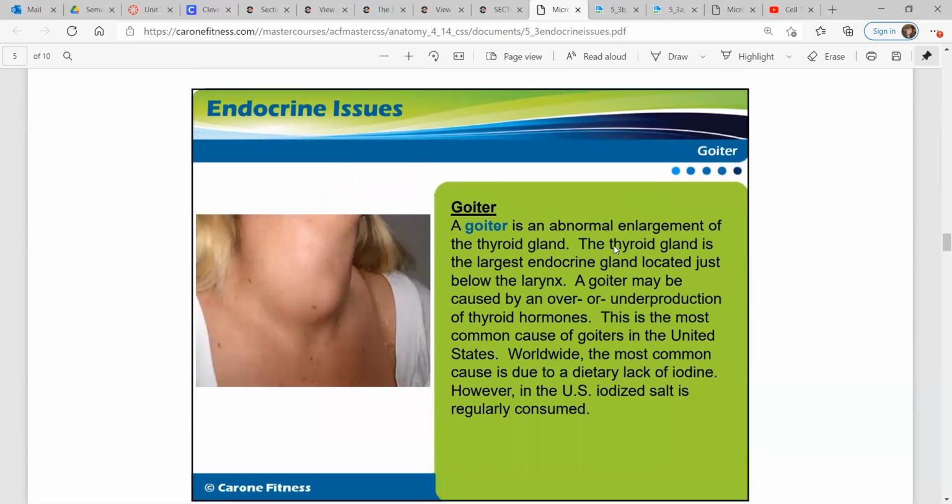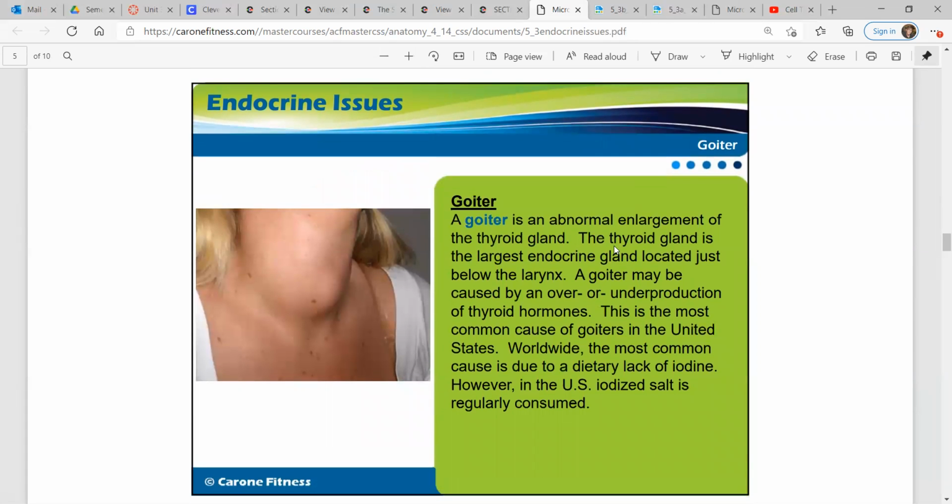The next issue that can develop is a goiter, and that is an abnormal enlargement of the thyroid gland. The thyroid gland is already the largest endocrine gland, and it's located just below the larynx.